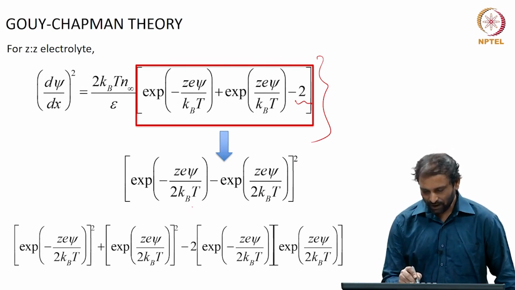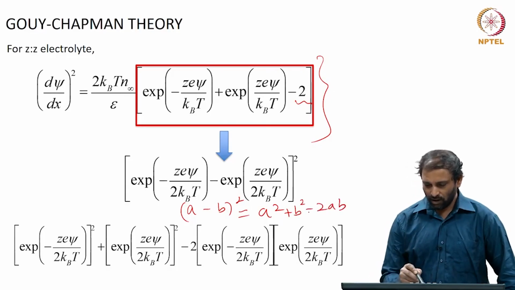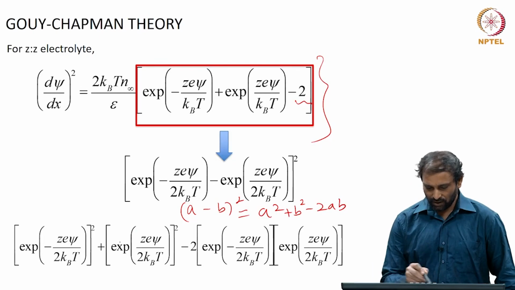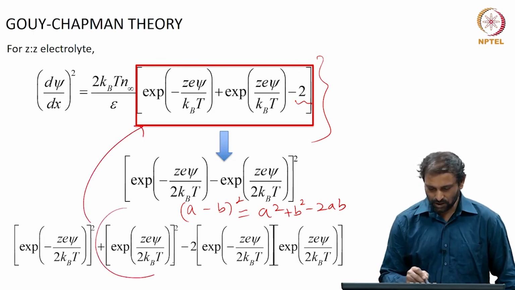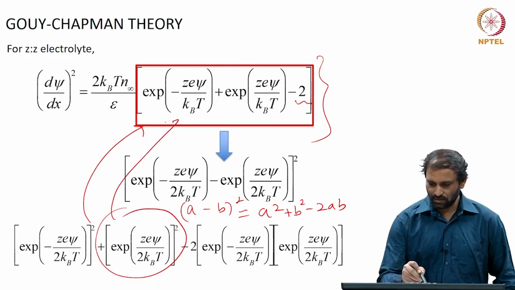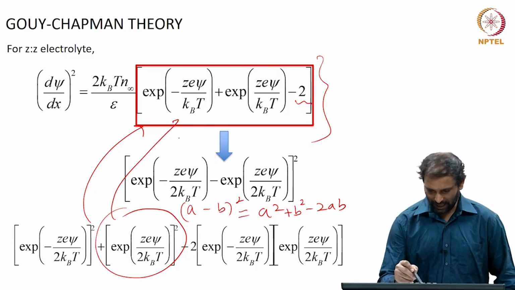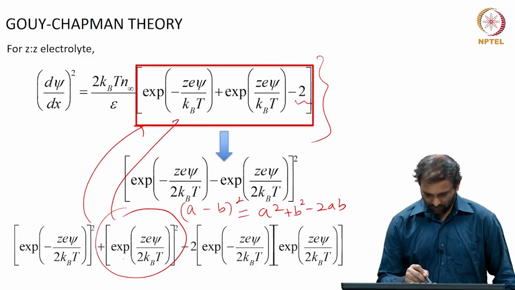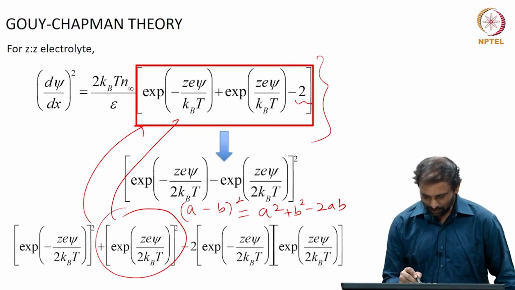This is of the form (a minus b) whole square, which is the same as a² plus b² minus 2ab. Therefore, I can recover this expression, so that I have the first term whole square, that is this, and exponent of Zeψ divided by 2kBT whole square.